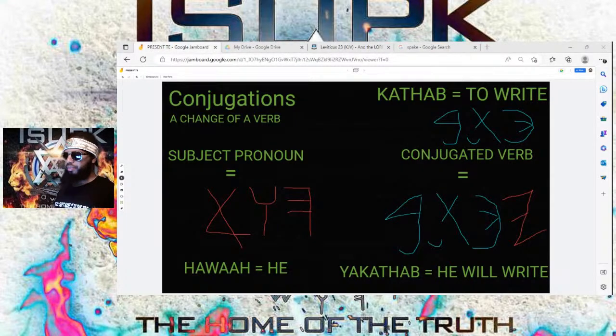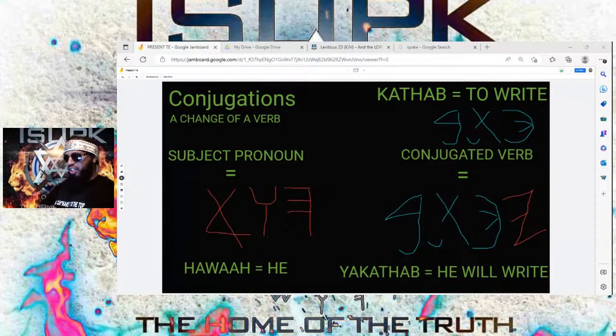Now, I'm glad that this popped up so you guys can be aware. You want to be able to tell the difference between a conjugation and a preposition in this case.